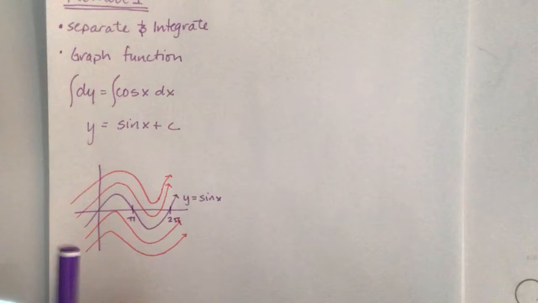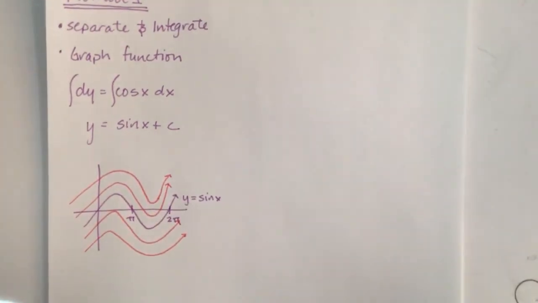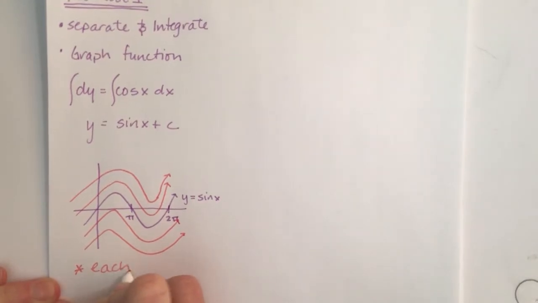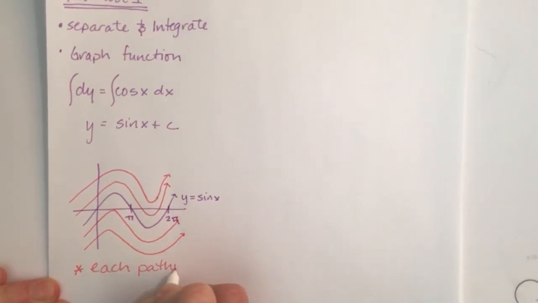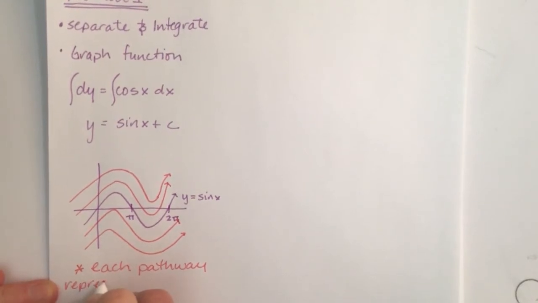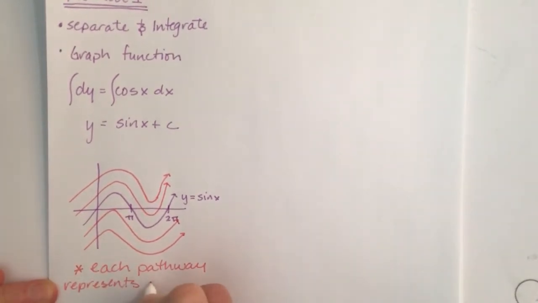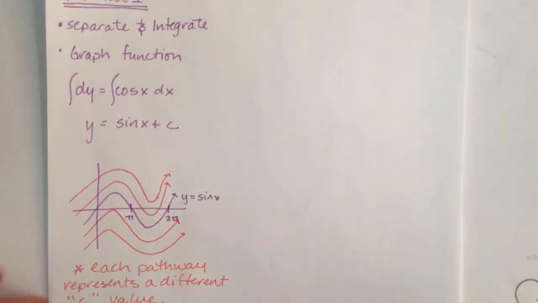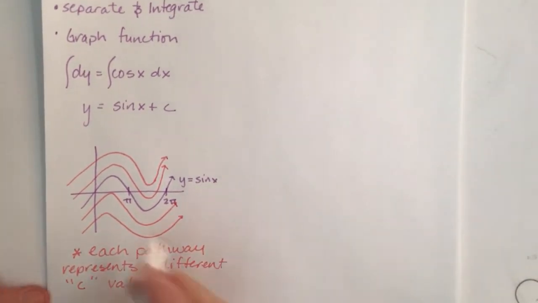So each pathway here represents a different c value.